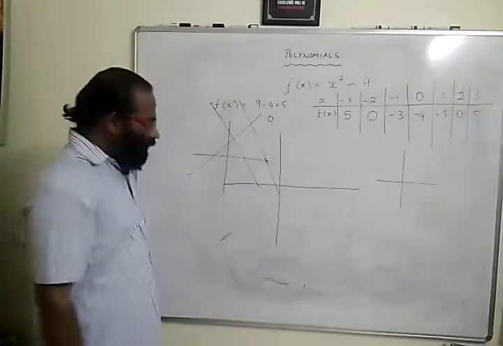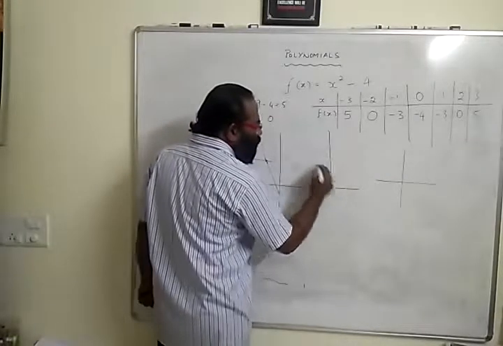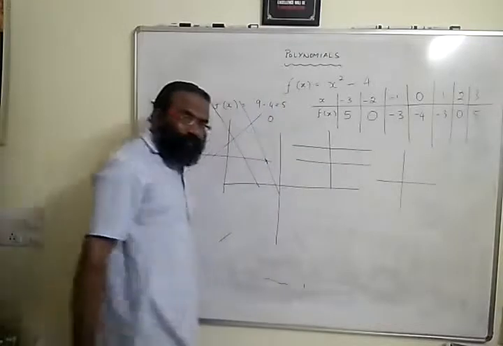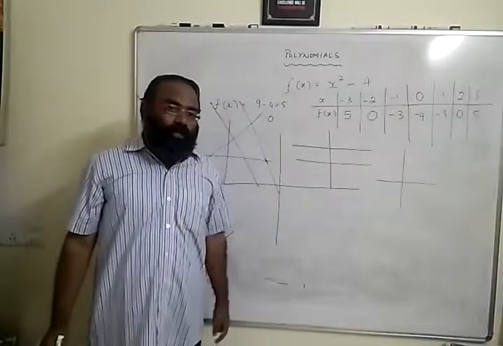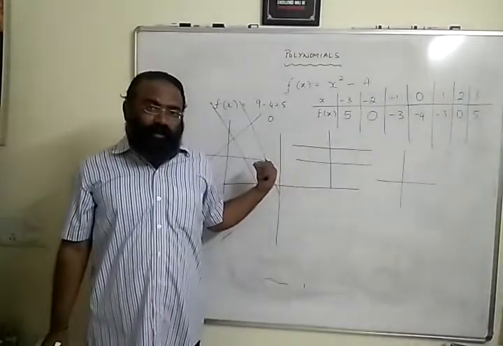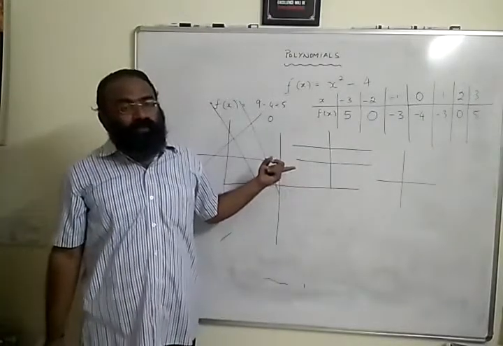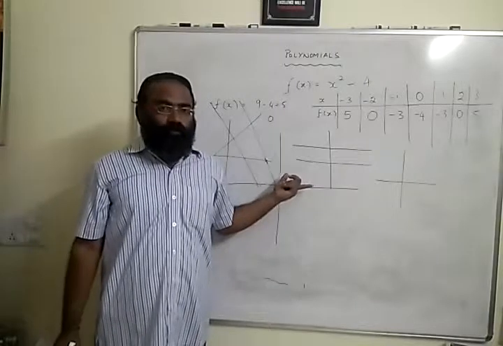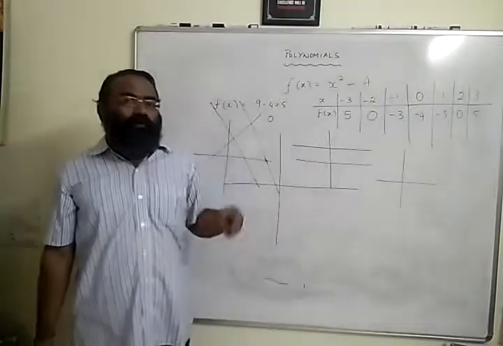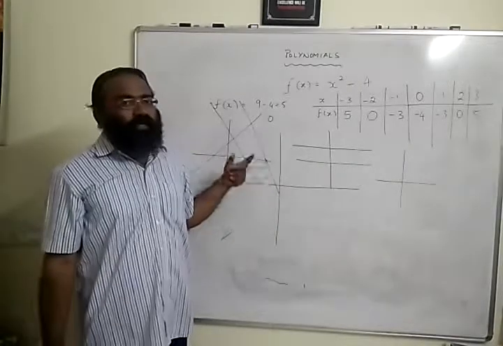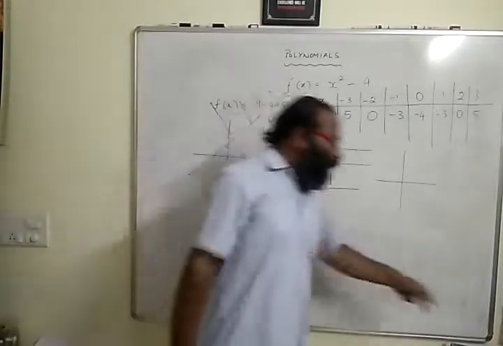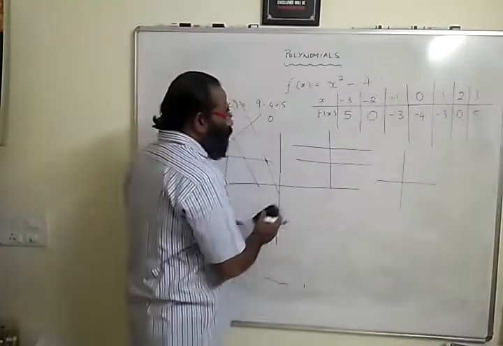However, if there is a straight line which is parallel to the x-axis, that will not cut the x-axis anywhere. So that is one case where you don't get a zero. Other than that, you will get a zero. So the maximum number of zeros that you can get is equal to the degree of the polynomial. The degree of that is 1, so you can get a maximum of one zero.